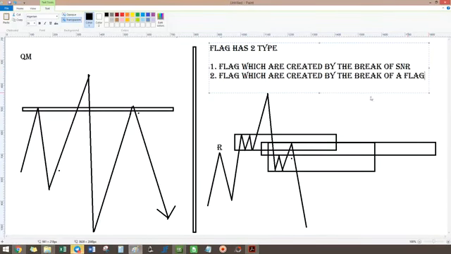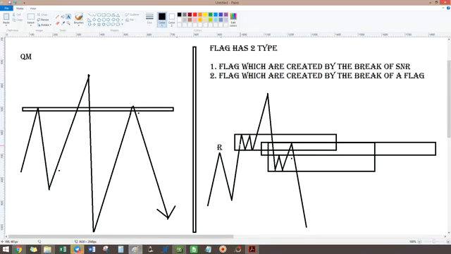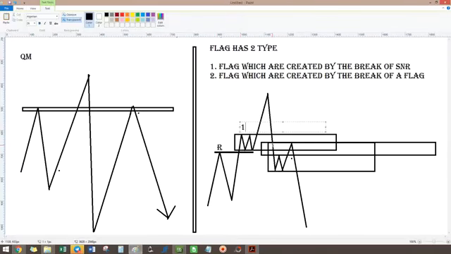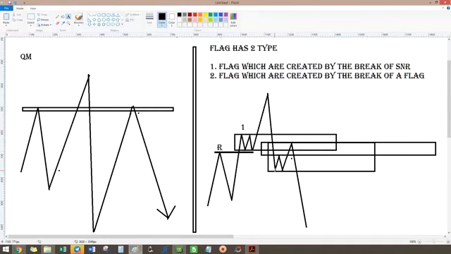So you got type 1 here, resistance break. You got number 1 here, and then price drops. It makes a flat, first engulf, deepest retrace, but it retraces.